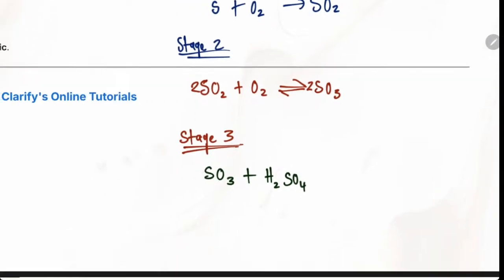We want to make more of it. So we mix it, we will get this big thing, which we call disulfuric acid, H2S2O7.